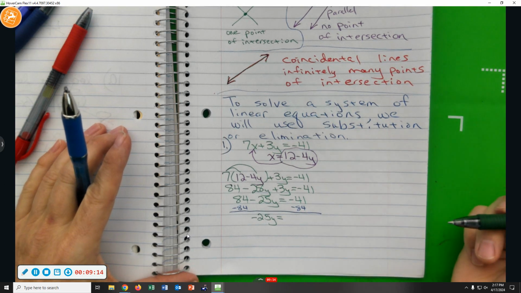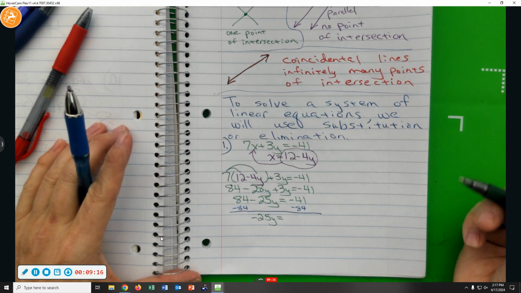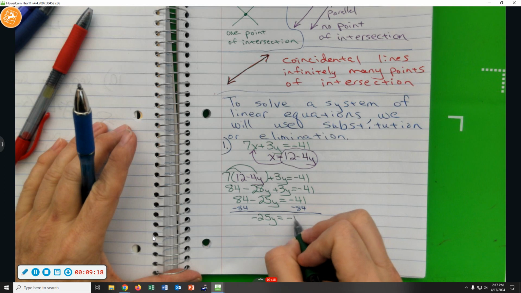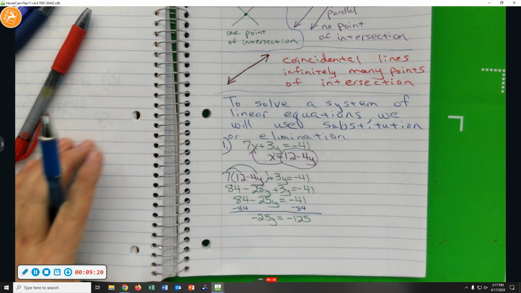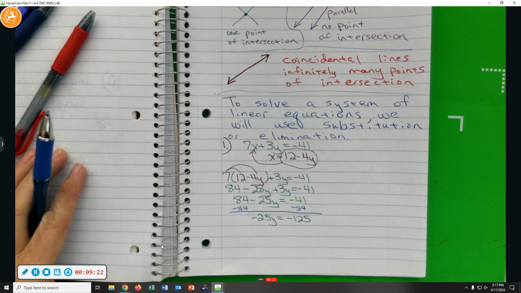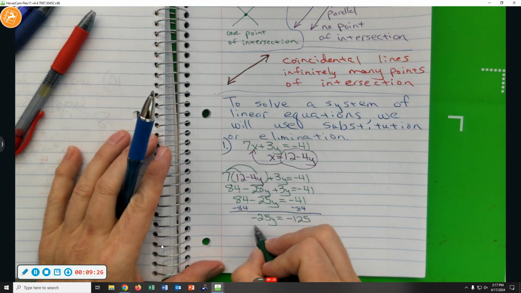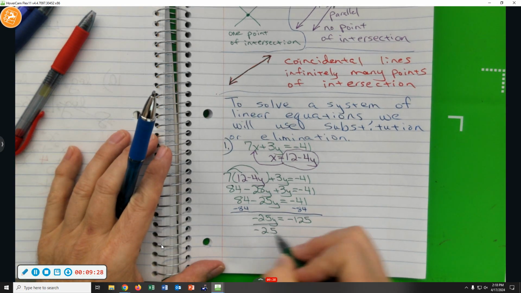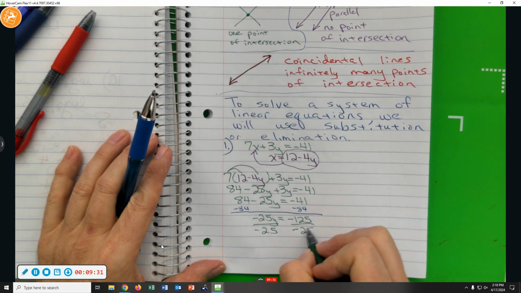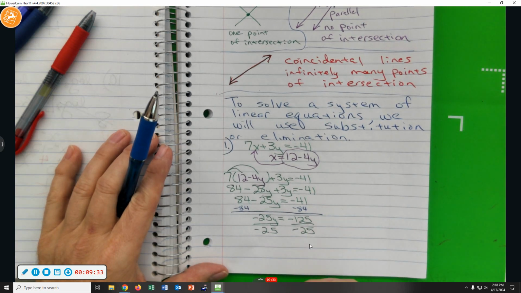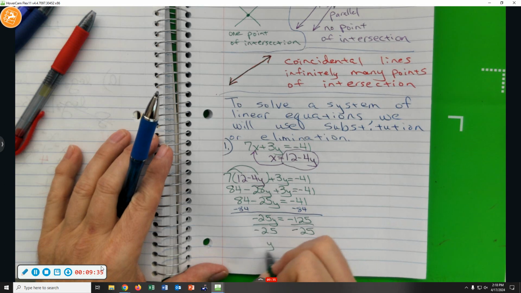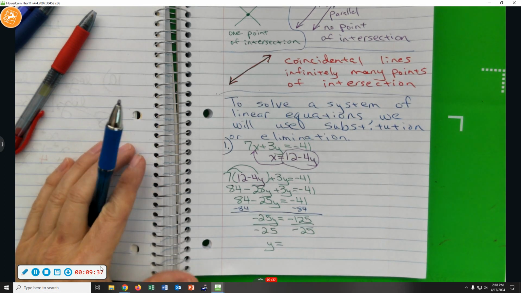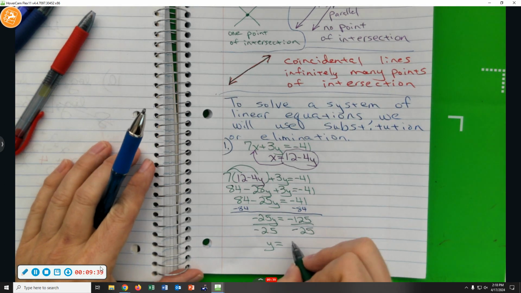Negative 41 minus 84. Is that a negative 125? Only one step left to get y by itself. What do I do? Divide by 25. Okay. Negative 125 divided by negative 25, negative divided by negative is a positive 5, I agree.